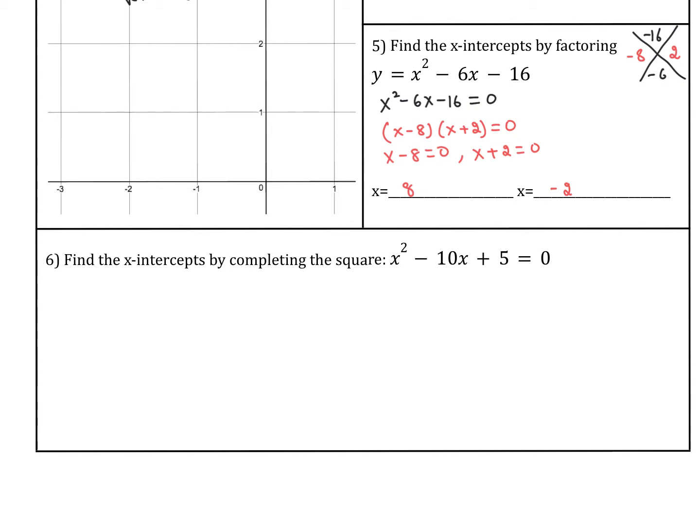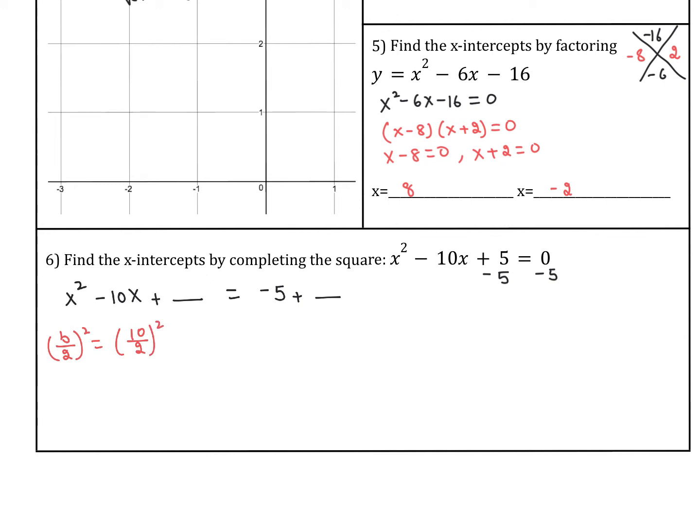To apply completing the square, you need to have the x terms on one side and you're going to subtract 5 on both sides to get negative 5 on the other side. Now you're going to find the b over 2 squared. You can write it as 10 over 2 or negative 10 over 2.